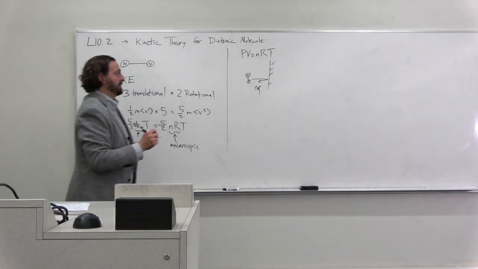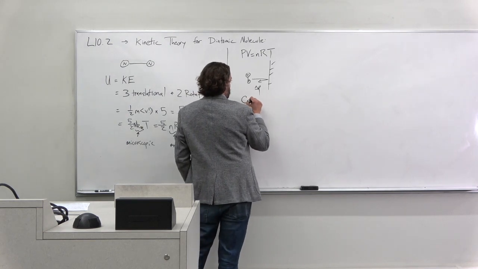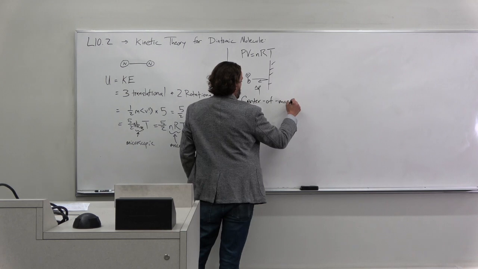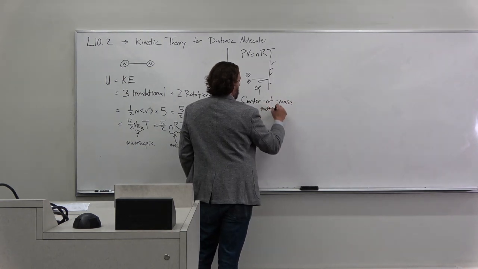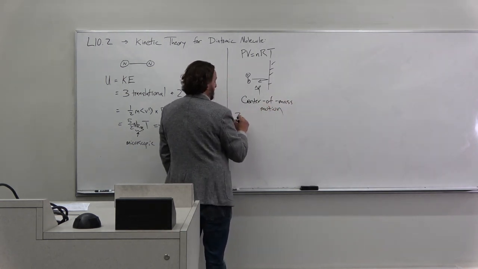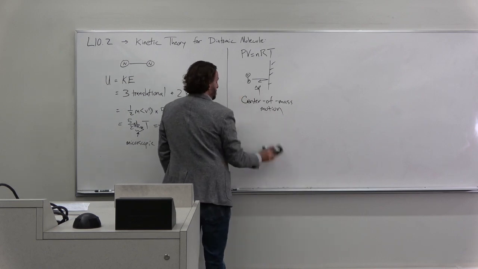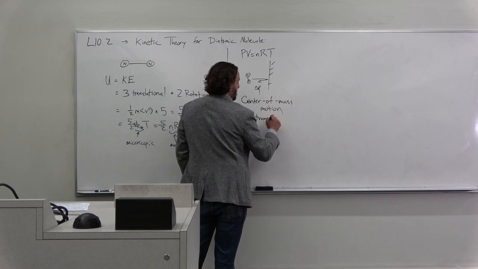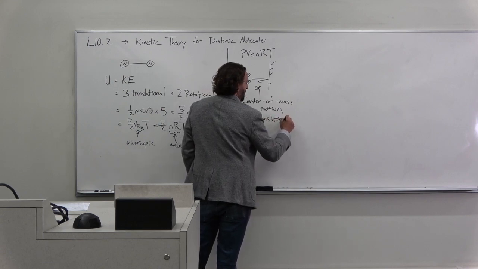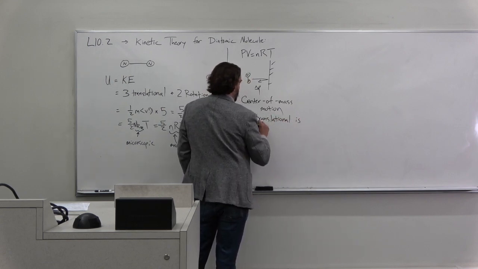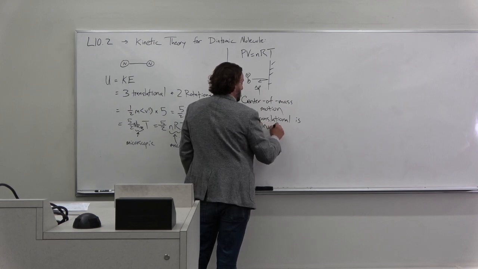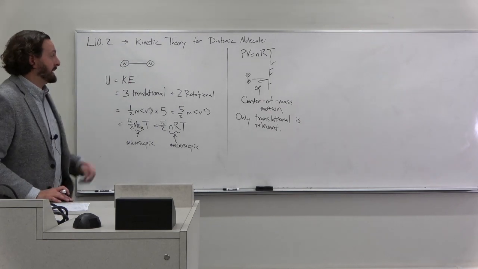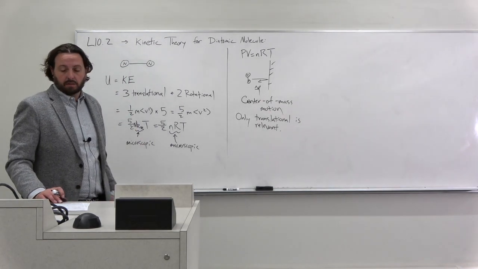It's really the center of mass motion. And so only the translational energy is relevant. So our calculation for the monatomic gas can proceed identically as the diatomic.